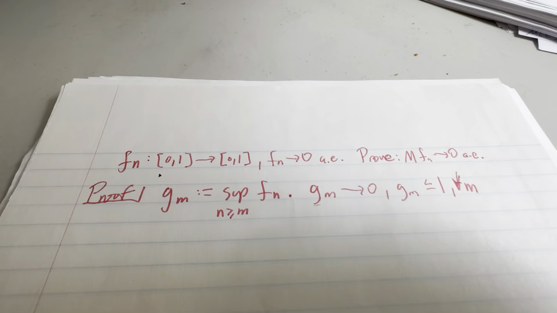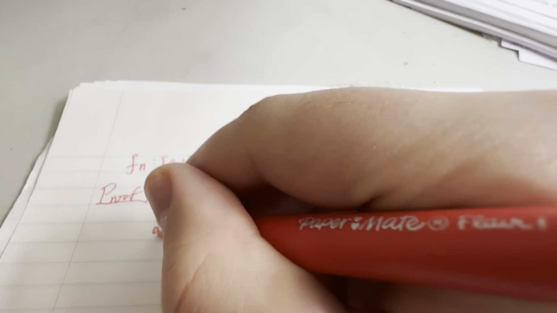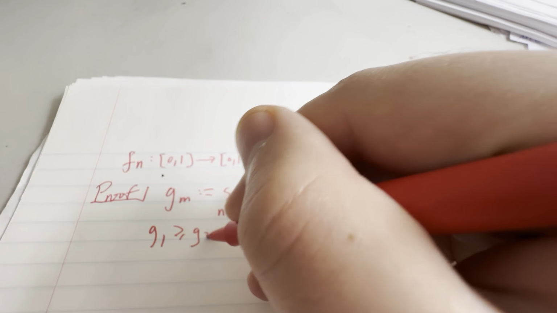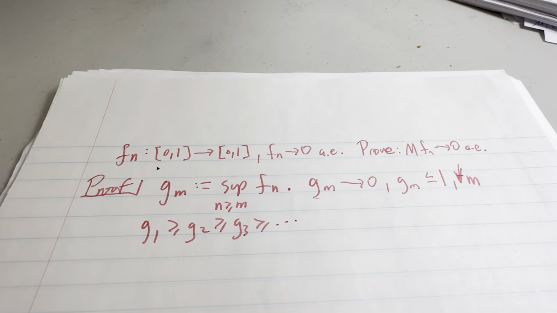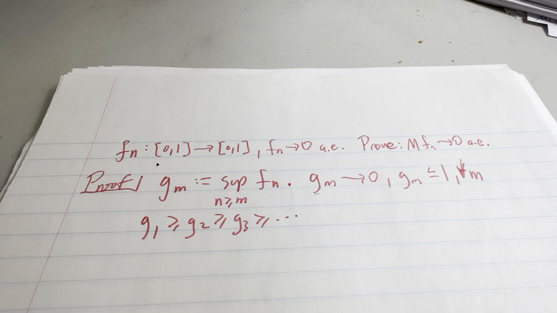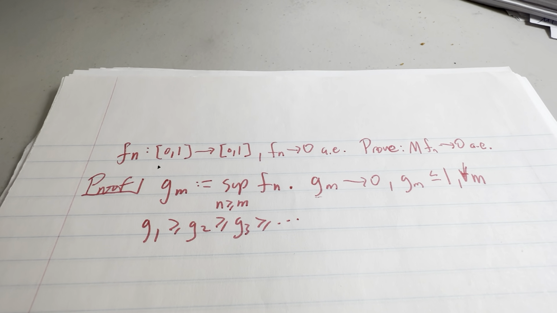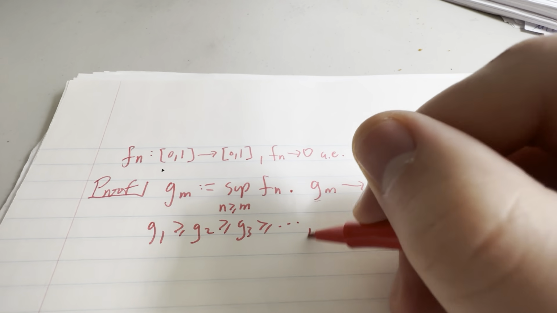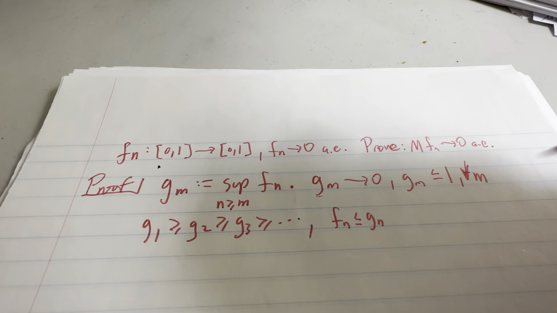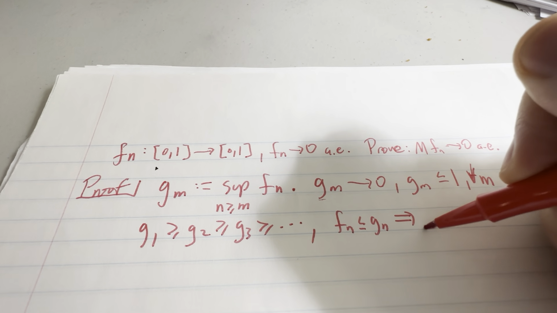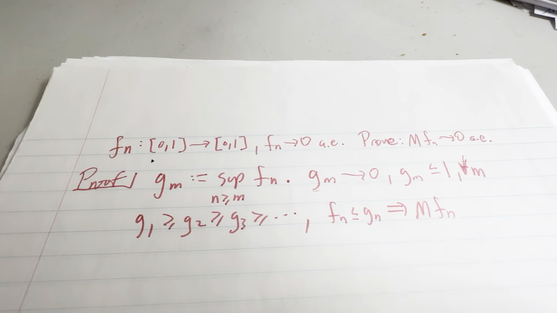Well, I don't have this written, but it is important to note, g_1 is bigger than or equal to g_2, bigger than or equal to g_3. We know this. And because the g_n's are bigger than the f_n's, so f_n is less than or equal to g_n, we know that the same is true for the maximal functions.